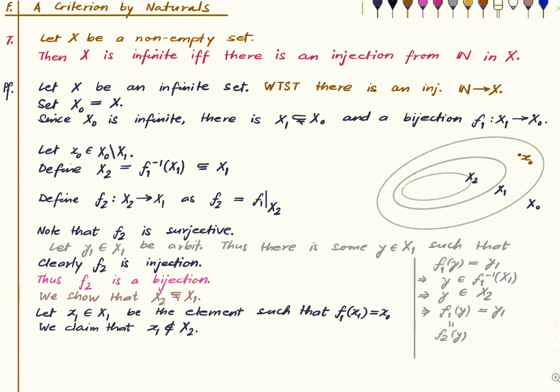Okay, and so we can write in our diagram that x1 is somewhere here, outside X2 but inside X1. And at the same time, we can also indicate that, I wanted a curly thing.